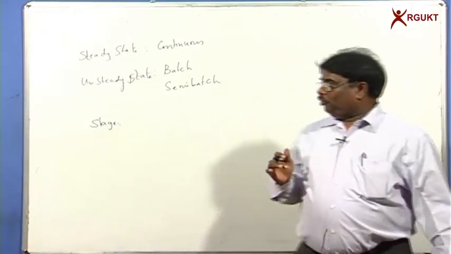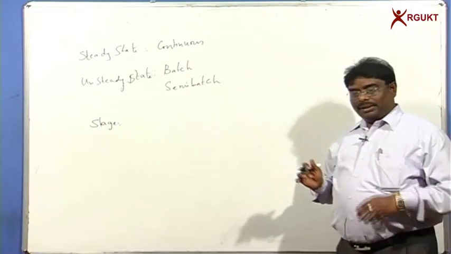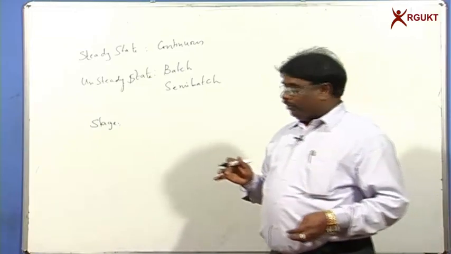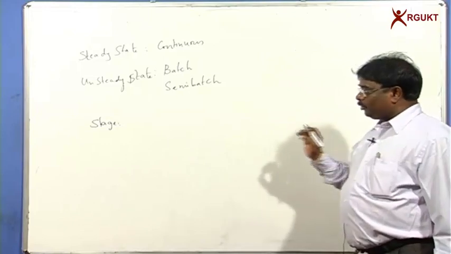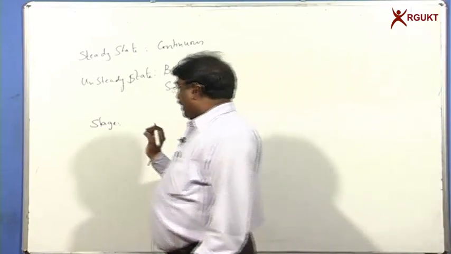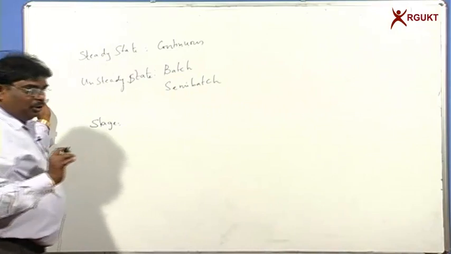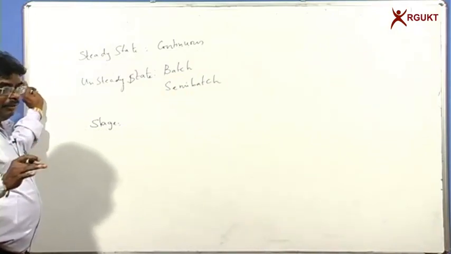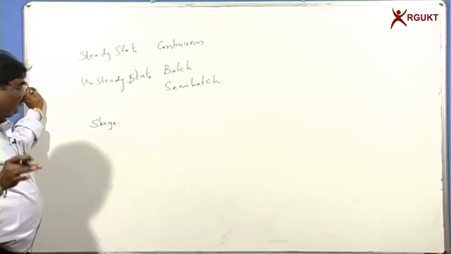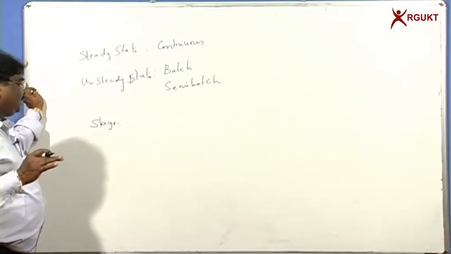Then the two phases are separated mechanically. The entire unit we call a stage. A stage is a mechanical device where the two phases are brought into contact and allowed sufficient time, then separated mechanically, and during this process a component transfers from one phase to the other.